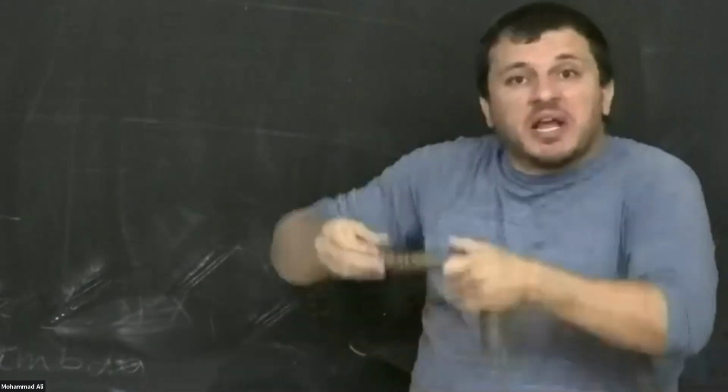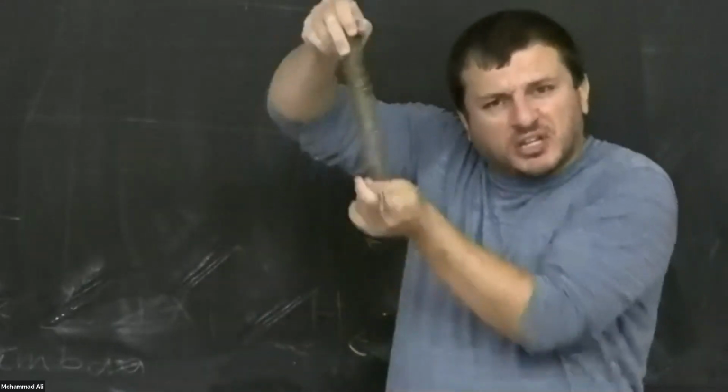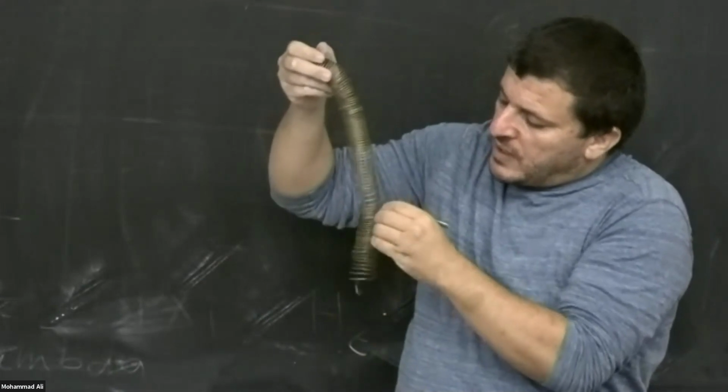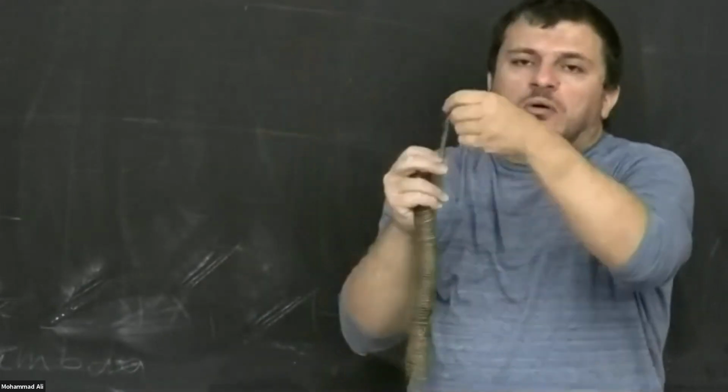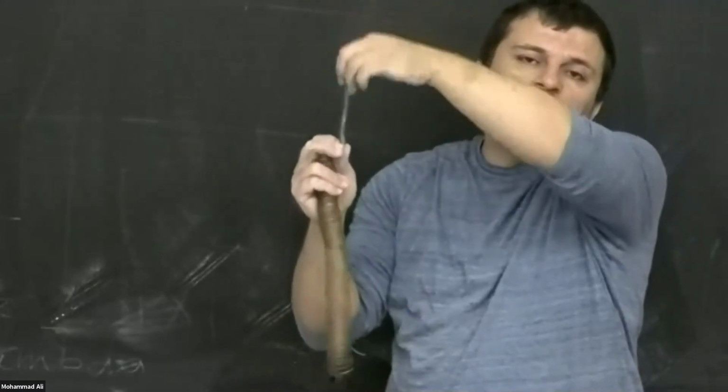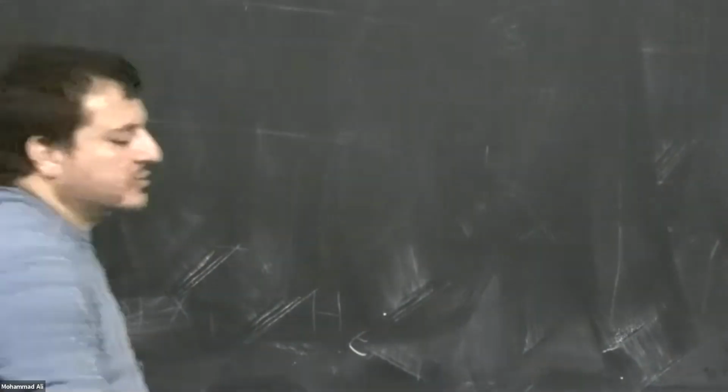If k is big, then the spring is difficult to stretch or push. If k is small, then it's easy to play with this spring. Is this clear? We talked about k from before, and we solved examples.